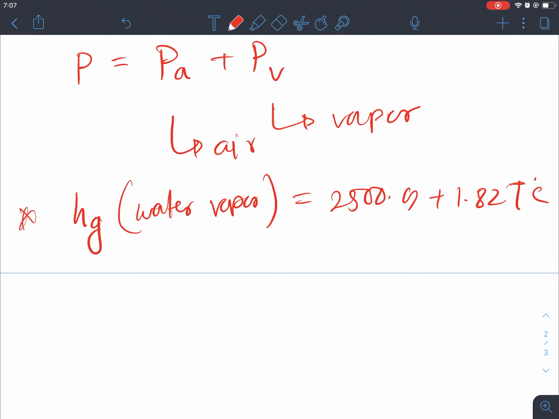So this is one thing we have to remember: whenever we need to determine the enthalpy of the water vapor at a certain temperature, the relationship between the enthalpy and temperature would be this. Okay.